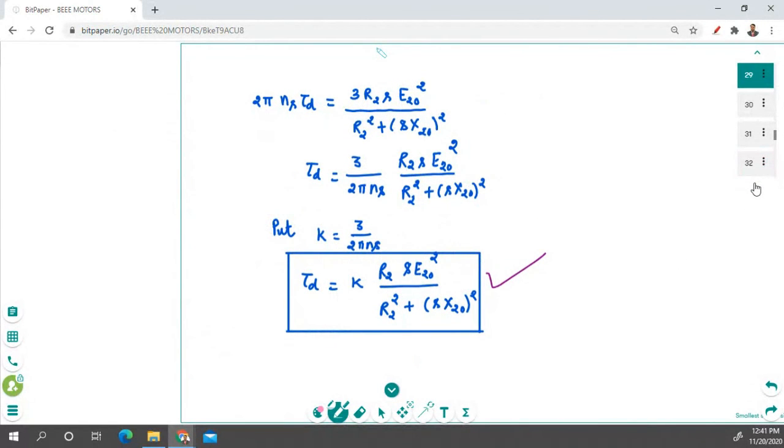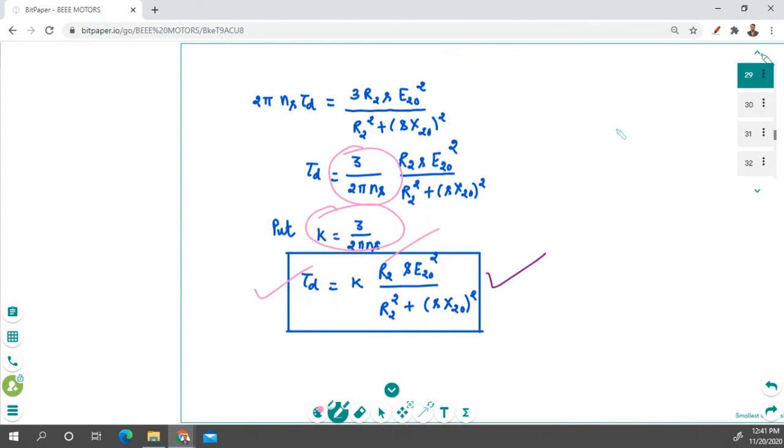After that, we will rearrange this equation and find the torque, Td. We will put the value for K as a constant term. 3 divided by 2 pi Ns is a constant term, and we put that constant term equal to K. We will achieve this torque Td equal to K R2 S E20 square divided by R2 square plus (S X20) square.